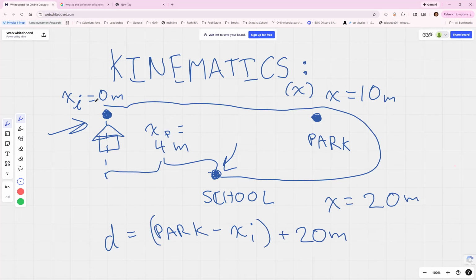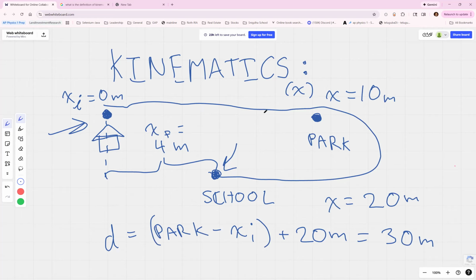Okay, so that's how much it takes you to travel from your house to the school. So if you were to calculate that, you would get 10 plus 20, which is equal to 30 meters.